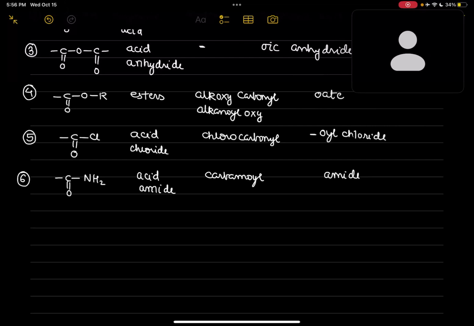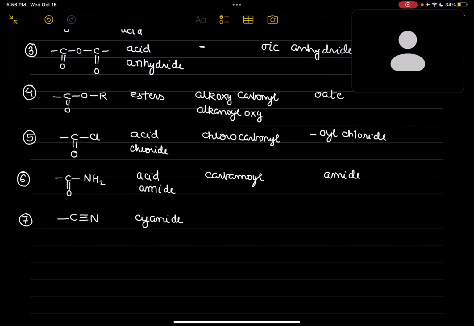After amide, we have another functional group, which is C triple bond N. It is a functional group known by the very famous name cyanide. It is also an ionic salt, potassium cyanide, which is a very strong poison.